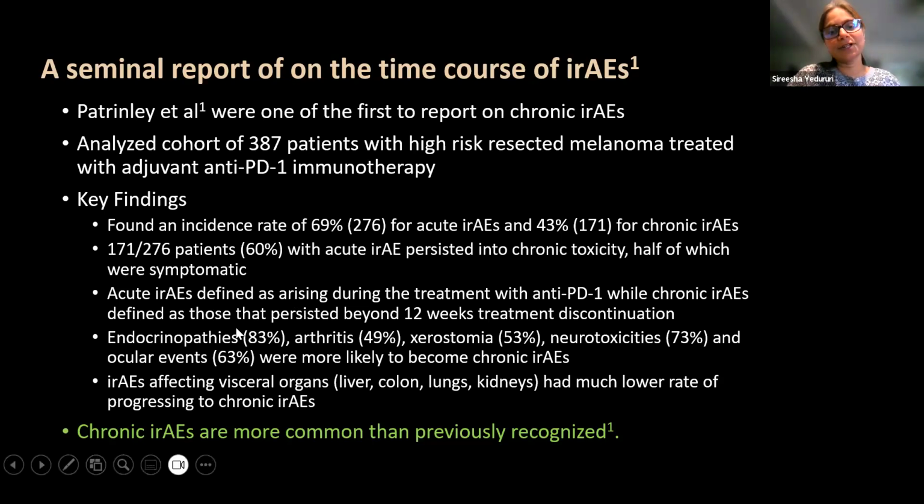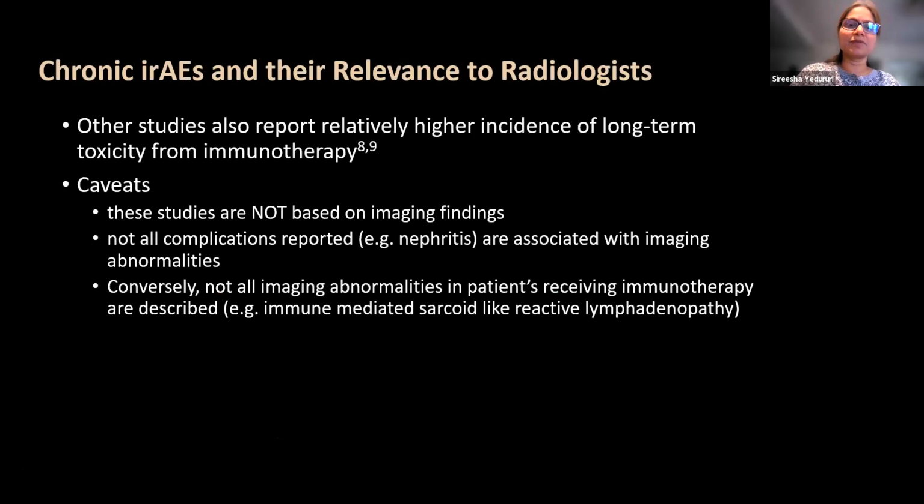Of these, endocrinopathies are very common; arthritis, xerostomia, neurotoxicities, and ocular events were more likely to change from acute into chronic. But the immune complications associated with visceral organs like liver, colon, lungs, and kidneys had a much lower rate. Bottom line, they said chronic immune-related autoimmune effects are more common than previously recognized.